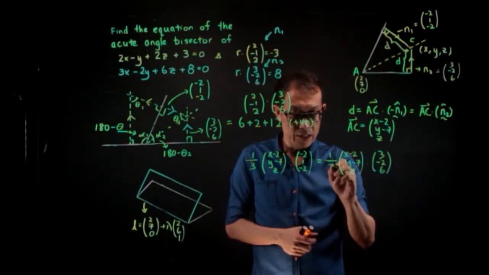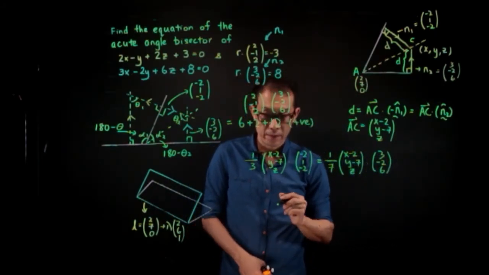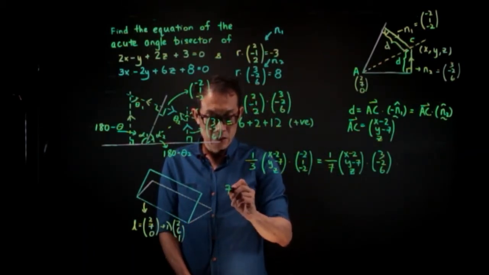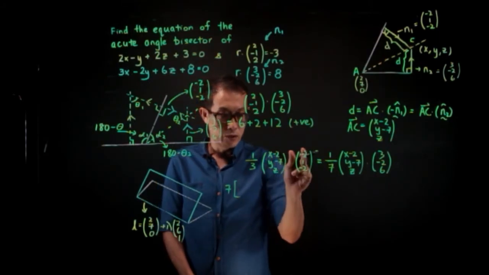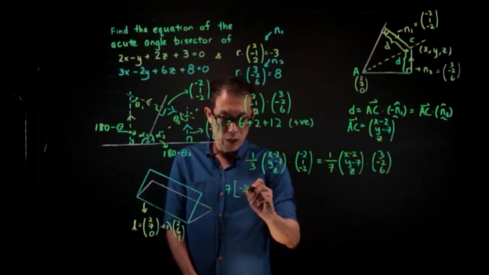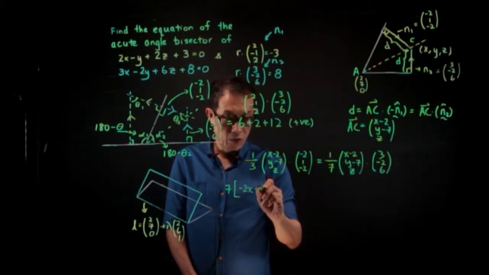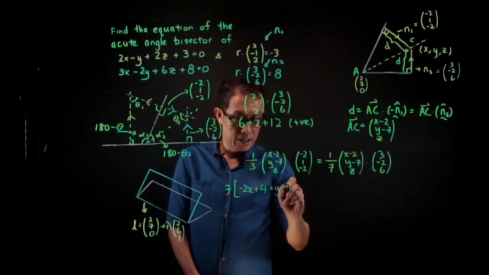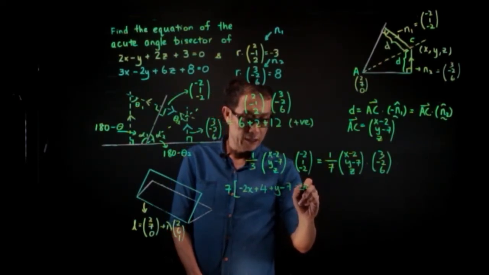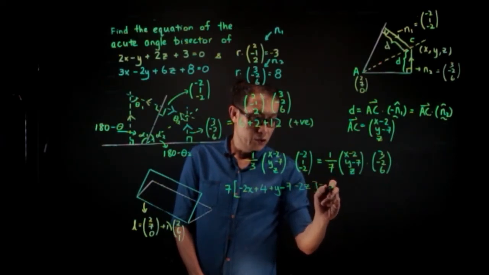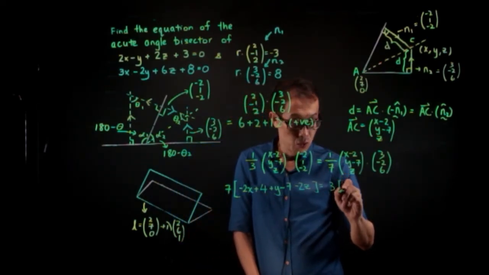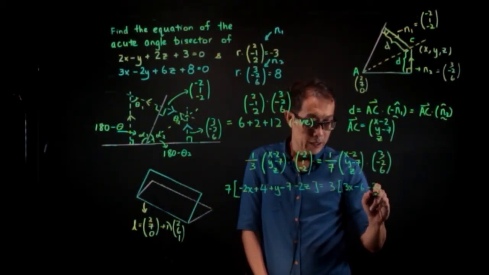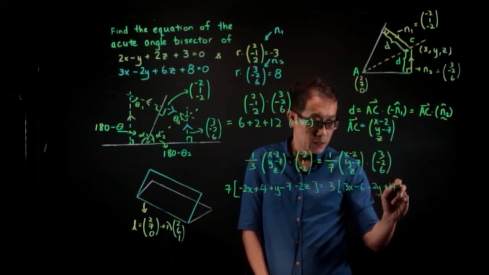So you do a square root, it is 7. Then you do a cross multiply of 7 and 3. So you got 7 into, then you do a dot product, minus 2x plus 4 plus y minus 7 minus 2z, that will be equal to 3 into 3x minus 6 minus 2y plus 14 plus 6z.